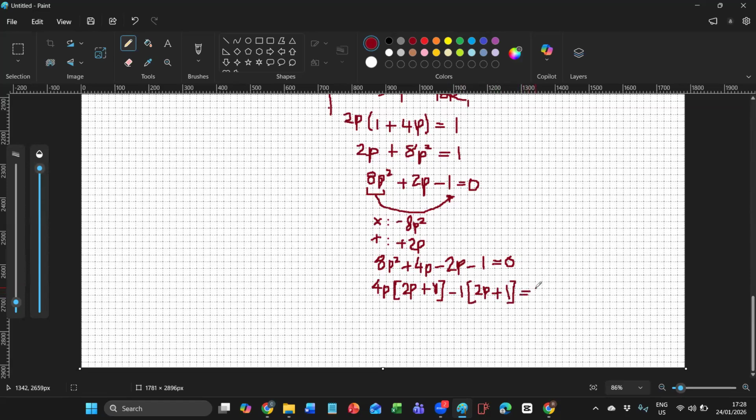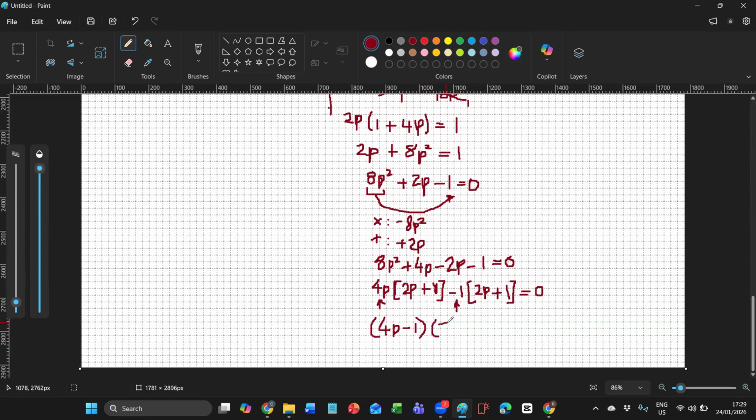So of course we take one of the brackets, and take the 4p and the minus 1 as one bracket. So that's going to be 4p minus 1, and 2p plus 1.